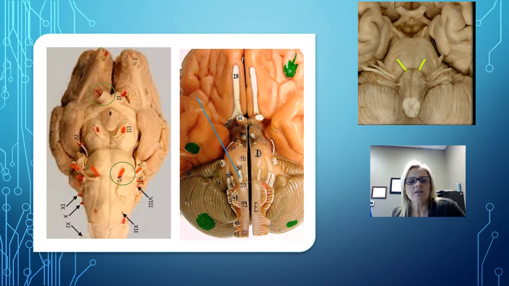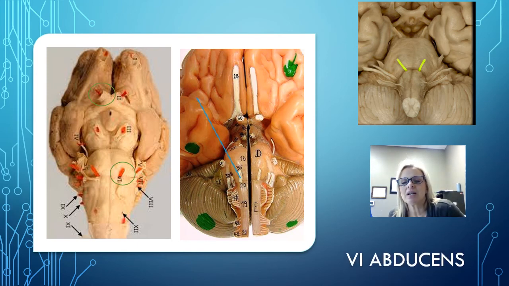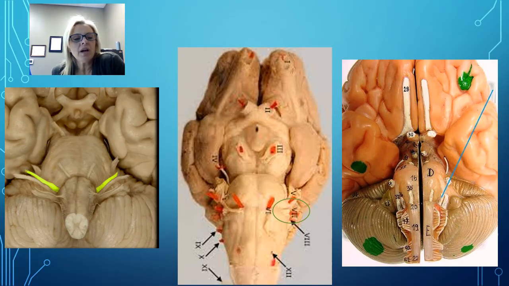All right, here, and so we're looking at cranial nerve number 6. The abducens. All right, so this one you kind of have to pay attention to the order they go in because there's 2 or 3 kind of right next to each other here, okay? Cranial nerve number 7, it's the facial.